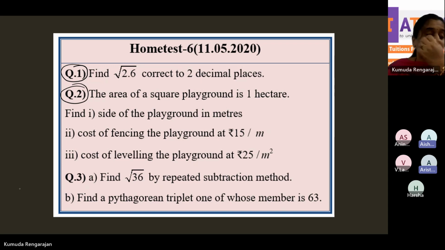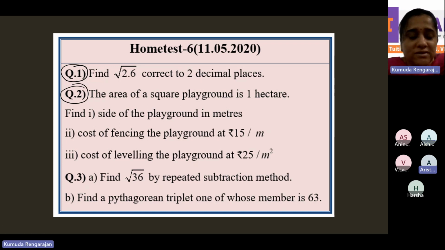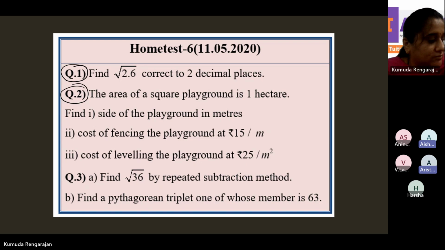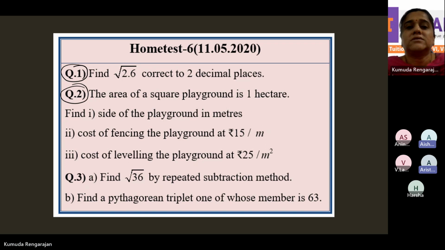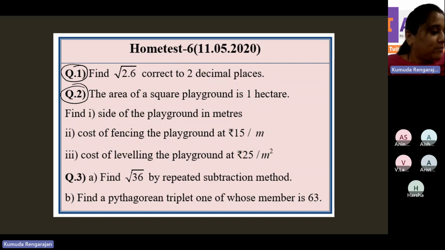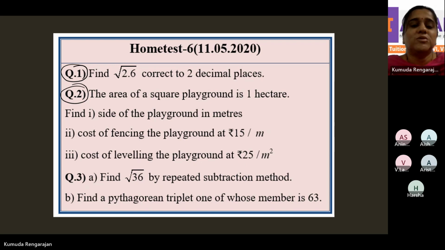Ma'am, this is Aishwarya. I'm done. Yeah. What's the answer? Ma'am, after rounding off, I'm getting 1.611. Very good. Aishwarya, if you can, send the picture of your answer on WhatsApp. Yes, ma'am, I'm sending it. 1.612. And after rounding off, you must write those two steps. 1.612 is up to 3 decimal places, then round it off to 2 decimal places.